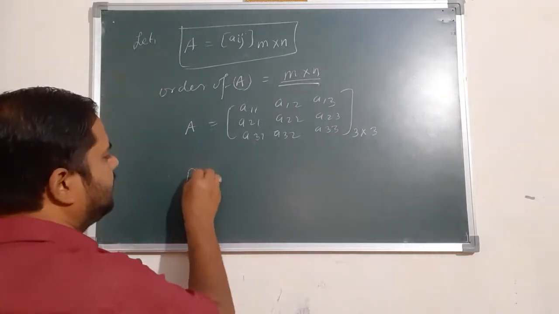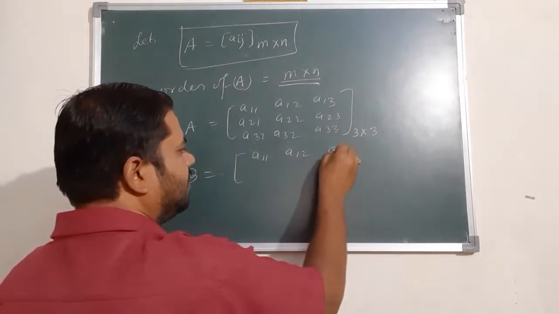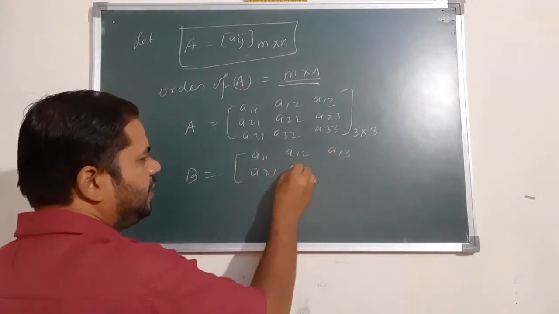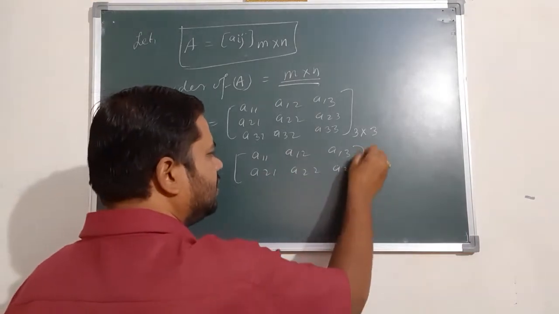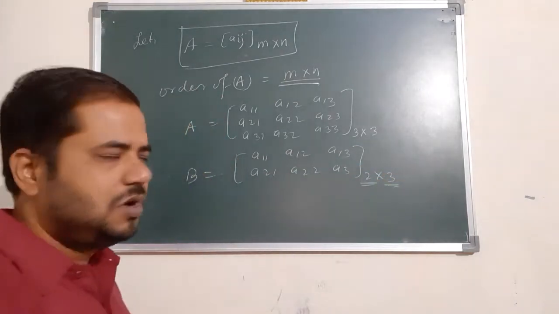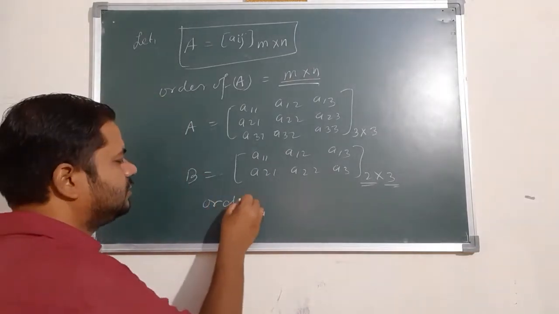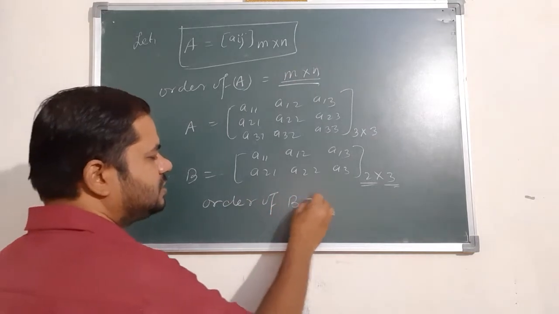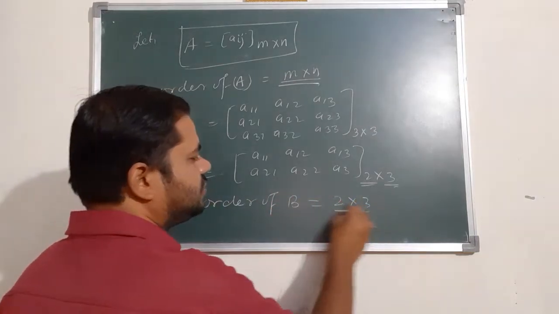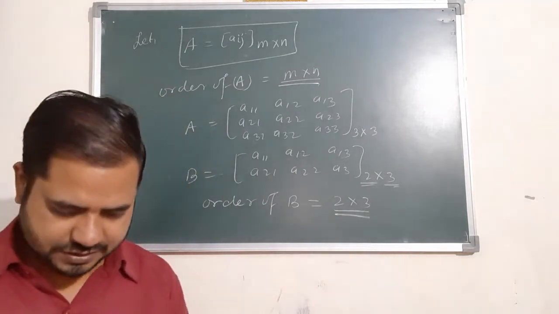If we consider another matrix, A11, A12, A13, A21, A22, A23, then this is nothing but 2 cross 3. That means the number of rows is 2 and the number of columns is 3. Then the order of matrix B is 2 cross 3.